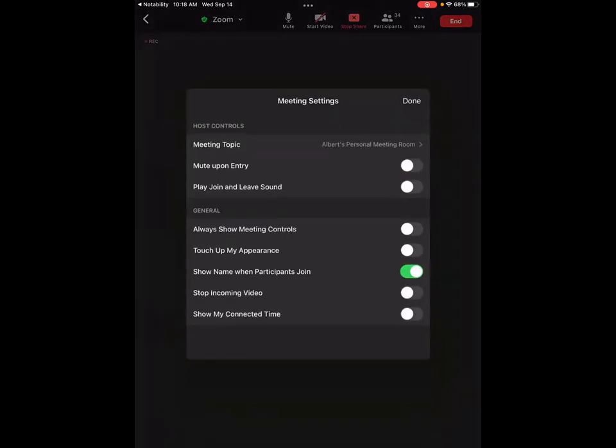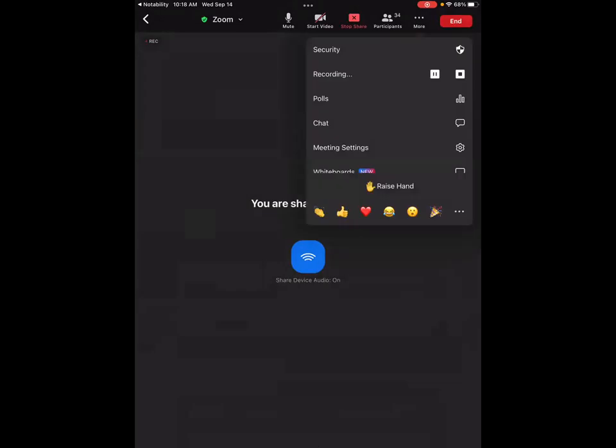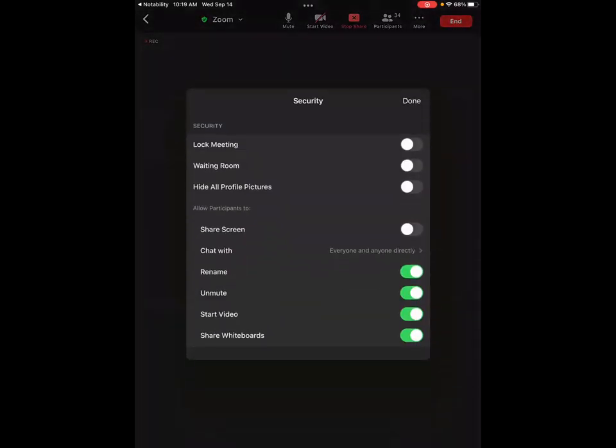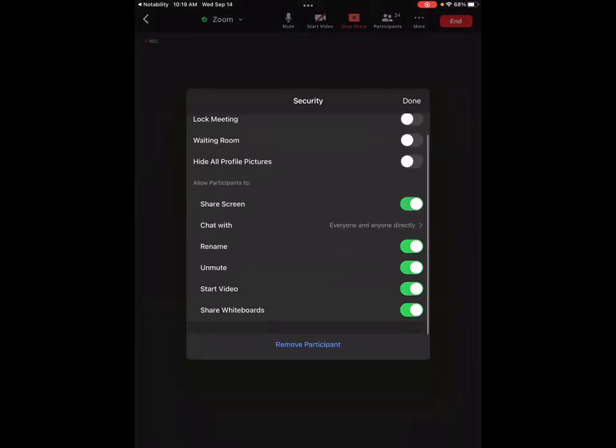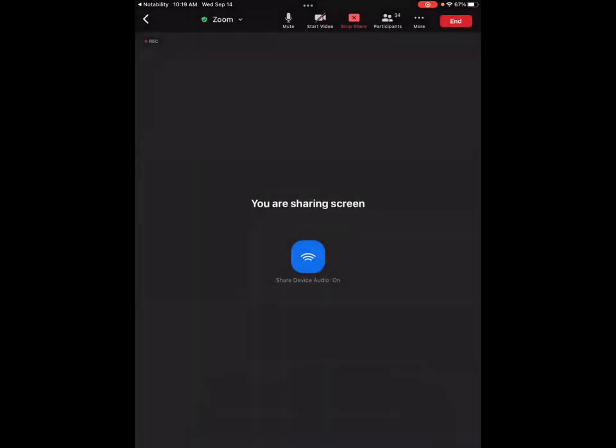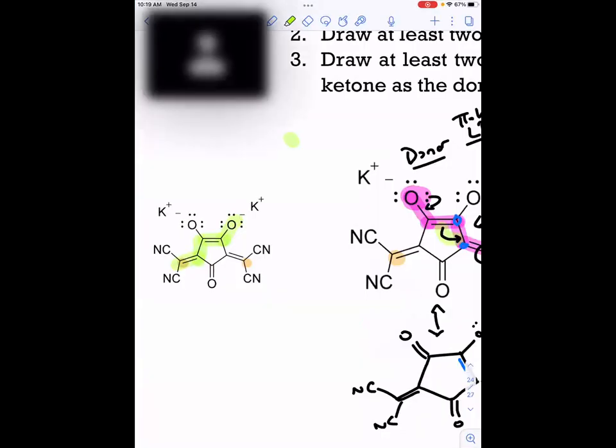Let me maybe change the settings. Man. There should be a way to turn that on. Okay, I said share screen, share whiteboards. Yeah, I don't know. They must have changed something. Because normally if I was on my laptop, it would already be turned on. So just tell me what to do and I'll put the arrows in. What would you do? I can't see your screen anymore.